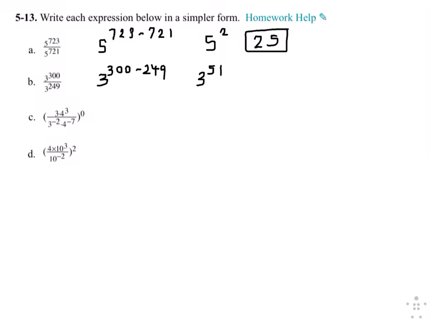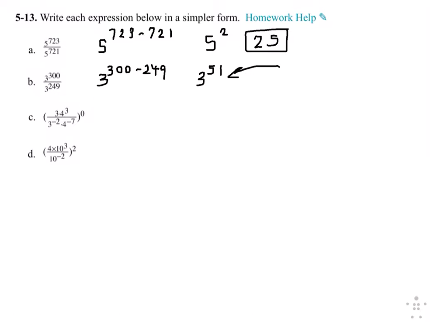Now, it doesn't say in the instructions you can leave it in exponential form, but, I mean, you kind of have to use logic for this problem and assume that they're okay with leaving it in exponential form. Now, on a test, I would never give you one that has such a high power that I didn't say you could leave it in exponential form.